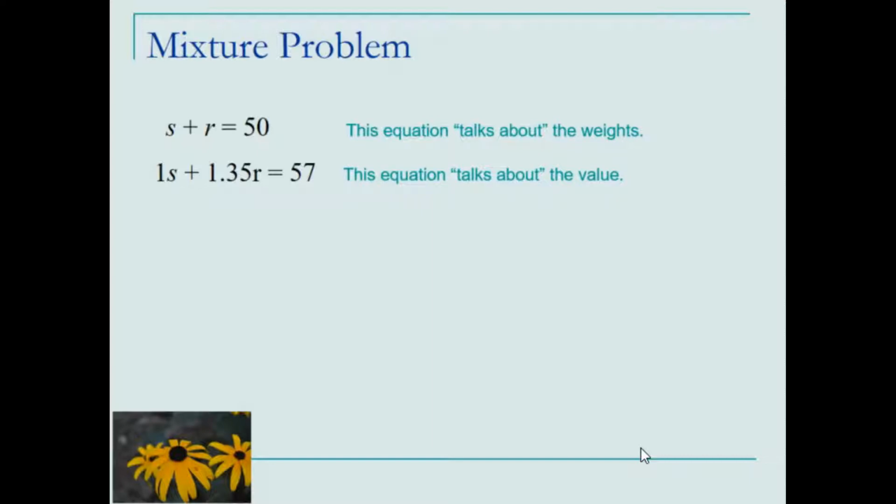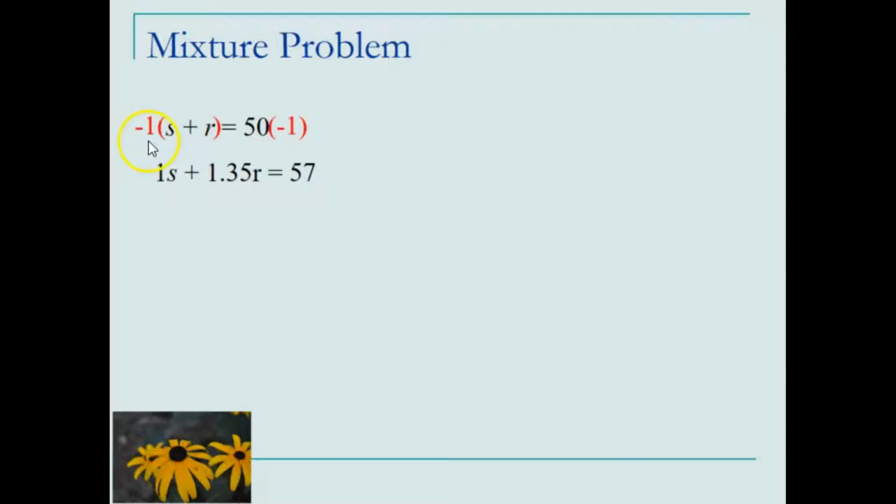To use the elimination method, we need to eliminate one of the variables, and probably the easiest, since the coefficient is 1 on S, is to eliminate the S versus the R terms here. We need an additive inverse, so a -1 needs to be multiplied by each and every one of the terms in the first equation to give us an equivalent expression, which is the following.